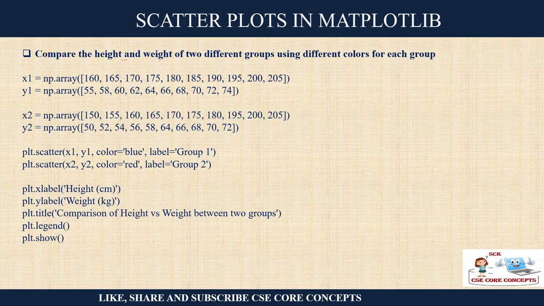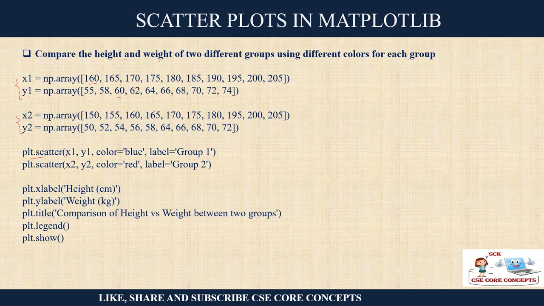I have one set of data, x1 and y1, the heights of the people in centimeters, 160, 165 and so on, and these are the weights. The second group has again the height and the weight. So I want to plot two scatter plots.